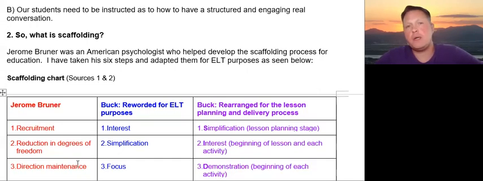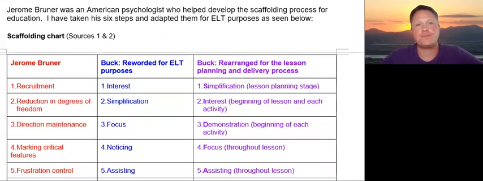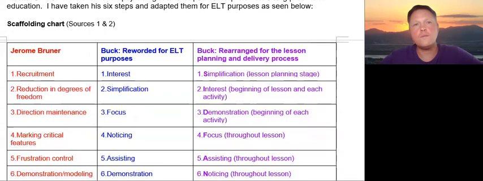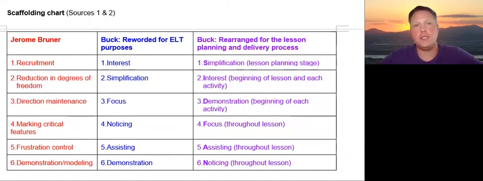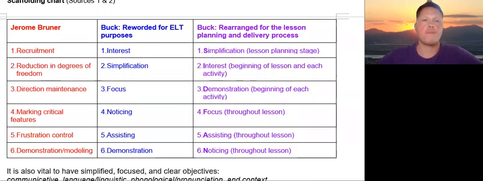Okay, good. So what is scaffolding? Well, Jerome Bruner was an American psychologist who helped develop scaffolding for education. And he has 6 steps, which I've adapted for ELT purposes. His 6 steps are: 1, recruitment; 2, reduction in degrees of freedom; 3, direction maintenance; 4, marking critical features; 5, frustration control; and 6, demonstration or modeling.